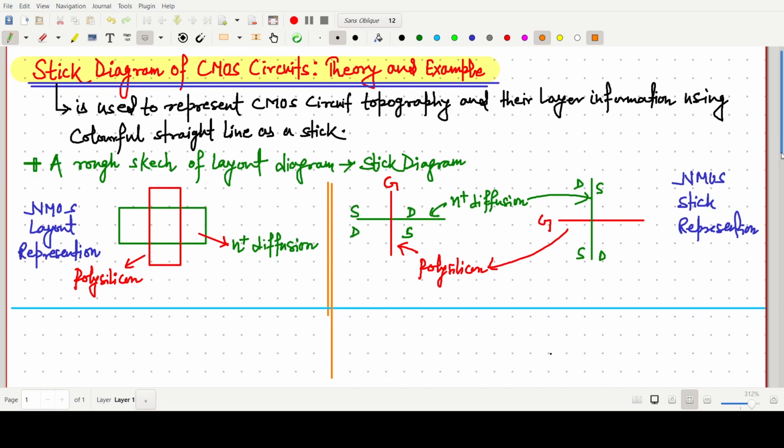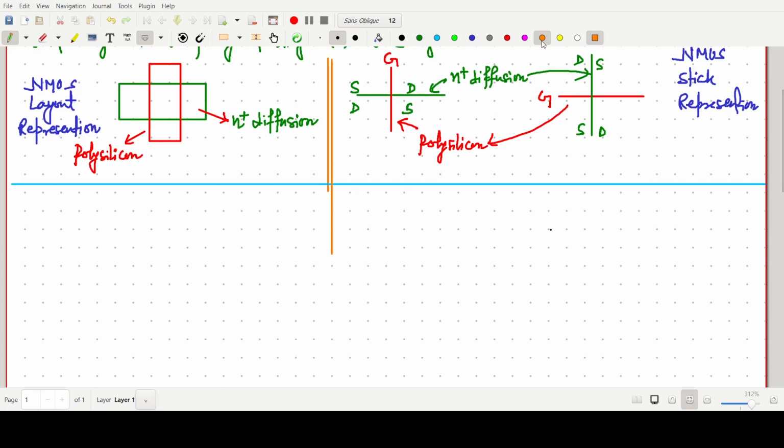Okay, one more thing, the PMOS. Okay, so here I am just making a line. So for PMOS layout representation, one polysilicon will be there.